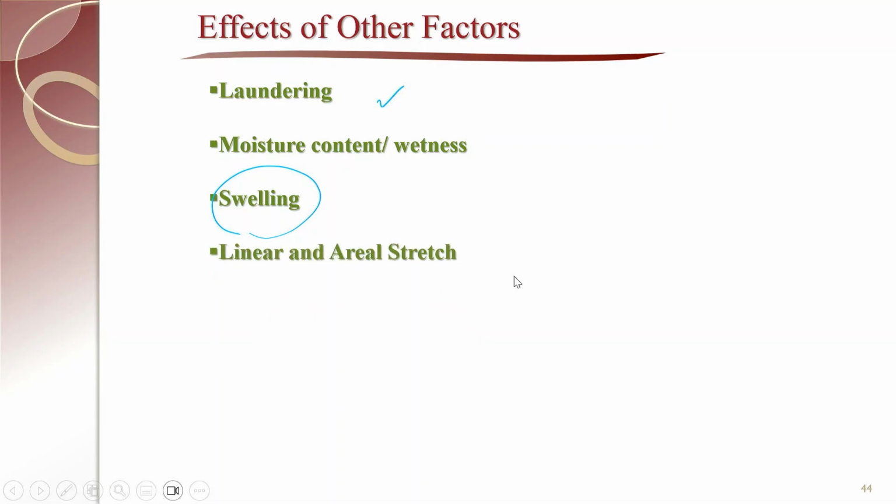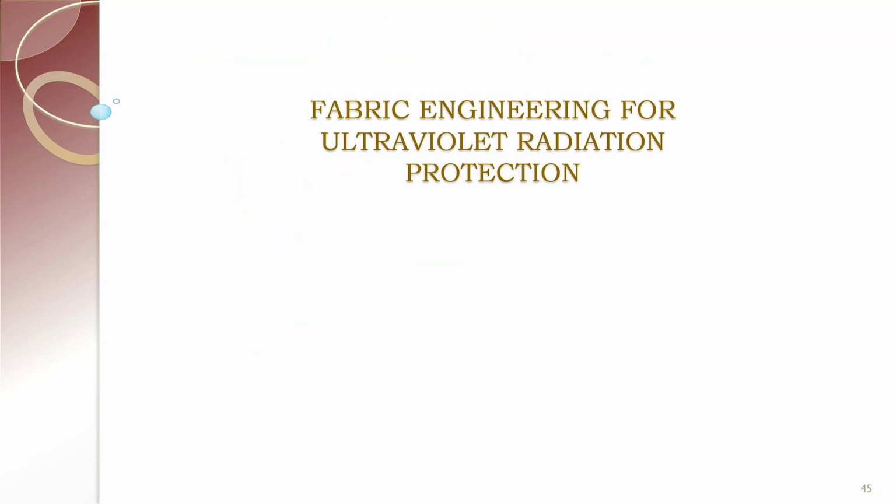Linear and areal stretch, any stretch, will change the pore structure. With different layers, if we increase the layers, the UPF value will increase, and it depends on the design of the fabric.